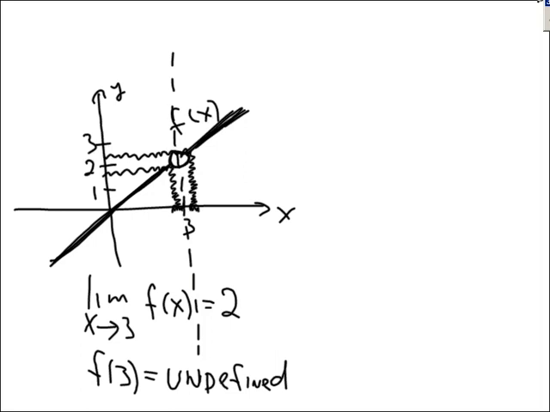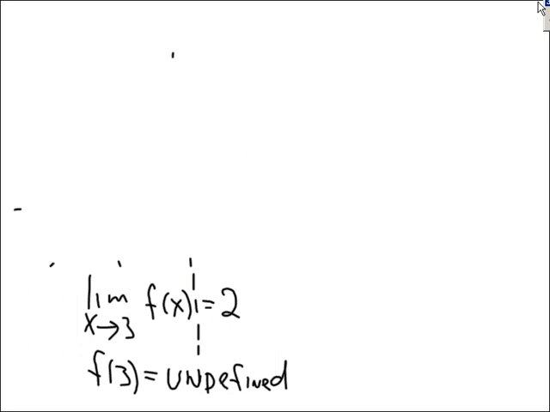As x gets closer and closer to 3, f of x is 2. Now, I want to change one minor thing on the graph. I probably should just get rid of the whole graph. I'm trying my best to draw the same graph.